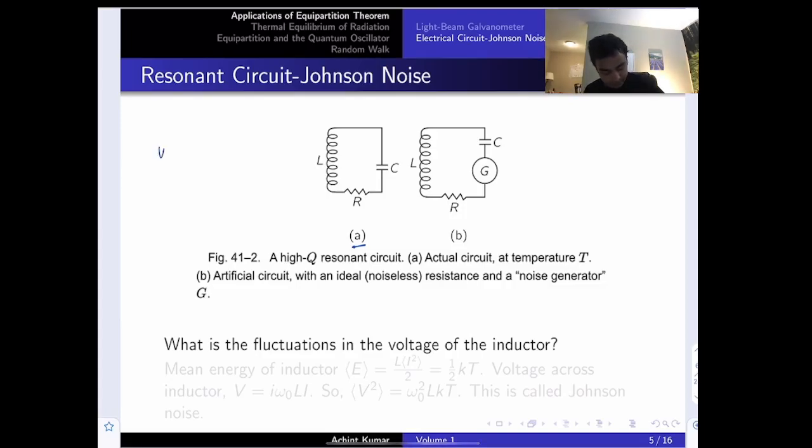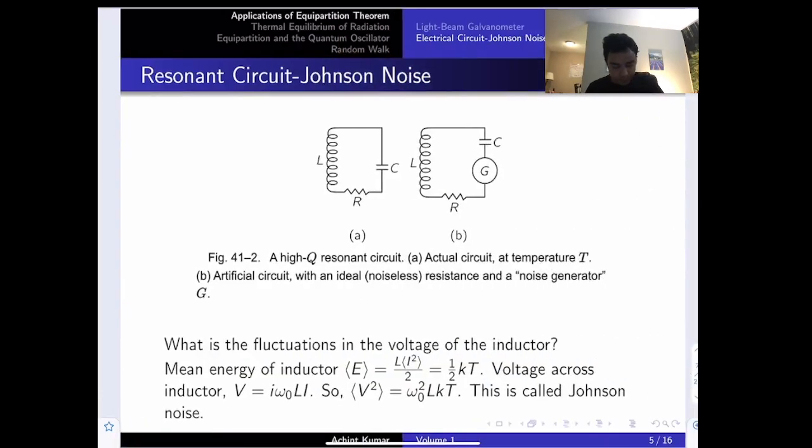What is VL? VL would be I, the current flowing in the circuit, times the impedance of the inductor, and the impedance of an inductor is j omega L, where j is the square root of -1.